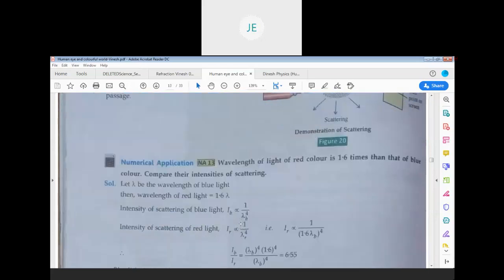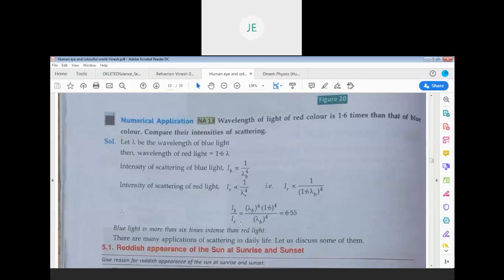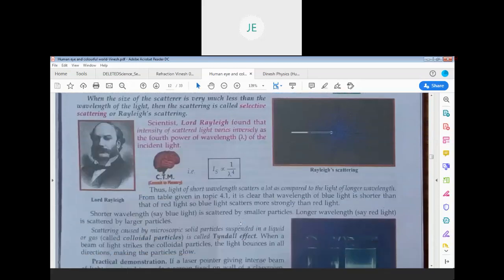No, different colors will have different speeds. During refraction, speed will change, wavelength will change, but not the frequency. That is why some colors bend the most: violet bends the most and red bends the least.